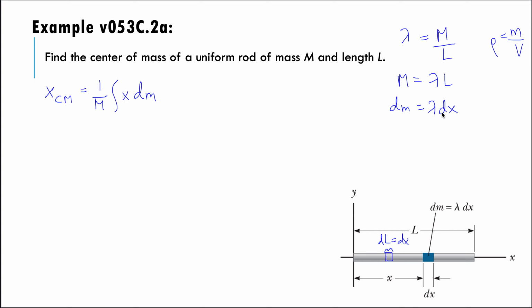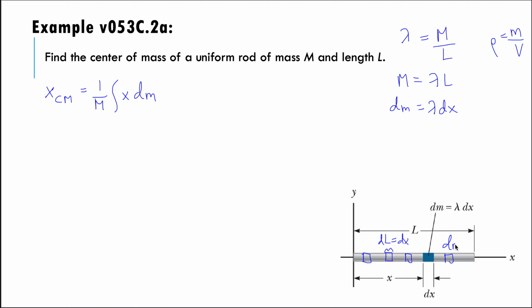Remember the idea behind this integral when we came up with this expression? We said when we have our extended object, we're going to break it up into a bunch of little mass elements. We said that those mass elements had a mass delta m, but now we're just changing that to dm because we have the integral.